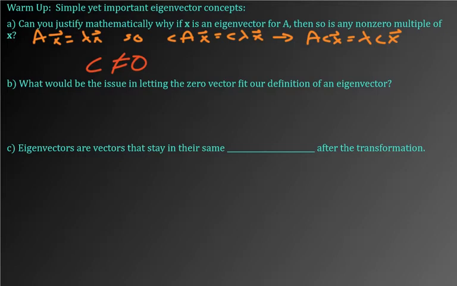If you let x be the 0 vector, then A times the 0 vector does equal lambda times the 0 vector. It works, but there are a bunch of issues here, and some of them are kind of deep.